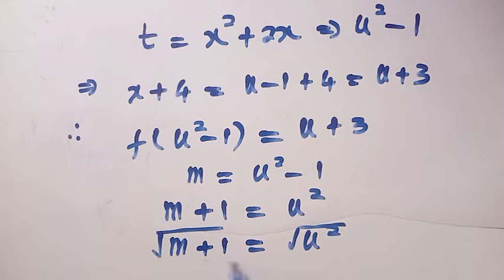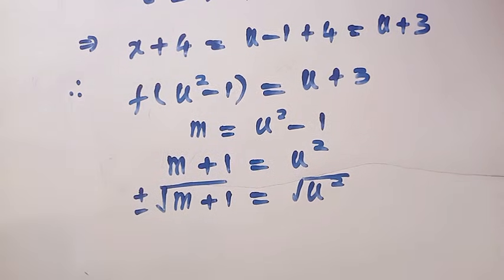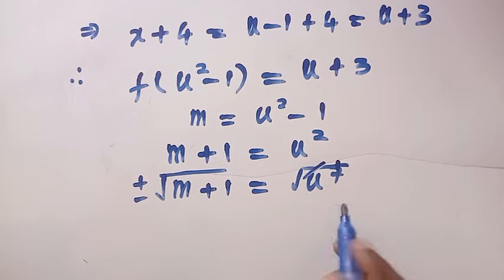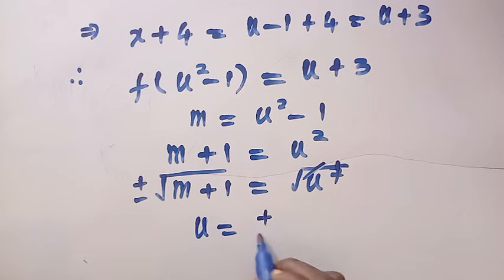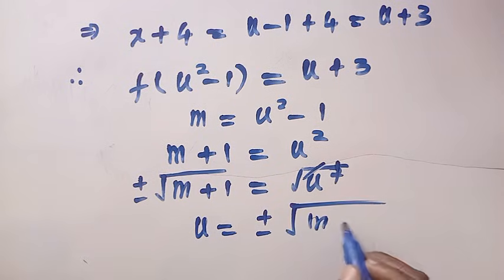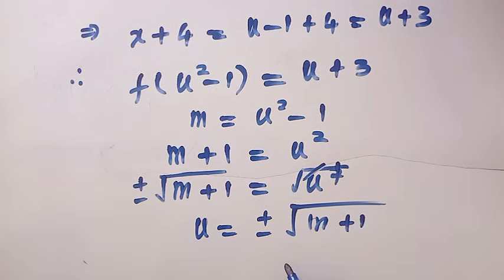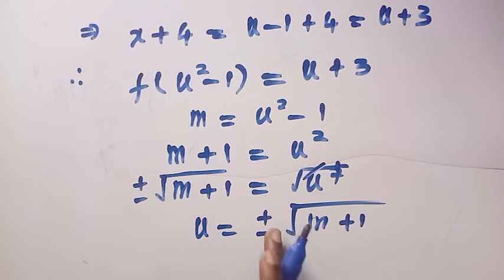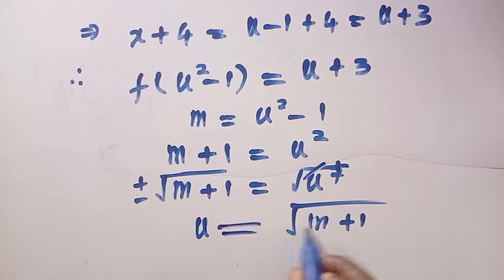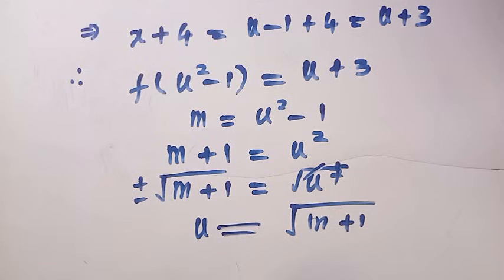But anytime we take the square root, we add plus or minus. So for square and square root cancelled, we have u equals plus or minus the square root of m plus 1. But we have to consider the positive root for the principal branch. So considering only the positive root for the principal branch, we cancel the negative, and we have u equals the square root of m plus 1.